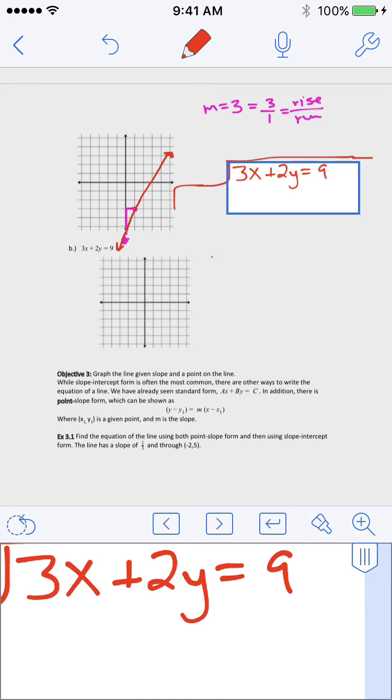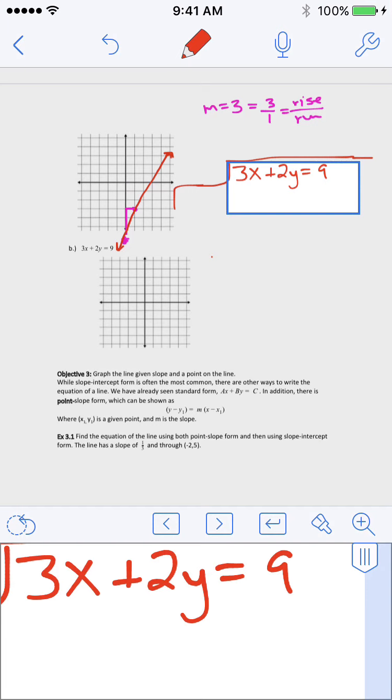Recall this is in standard form, which means all the variables are on one side. Last time we graphed with this, we used the x and y intercepts. That's way number 1. Then we also saw that we can rearrange standard form into slope-intercept form, y equals mx plus b, and then graph that way. So you have two options here.